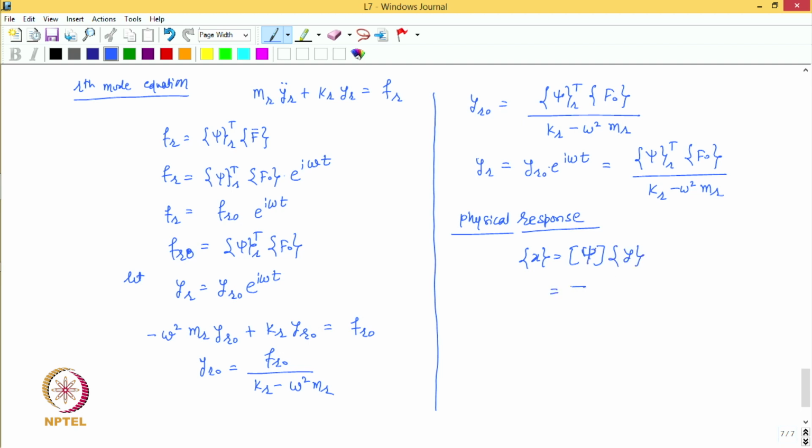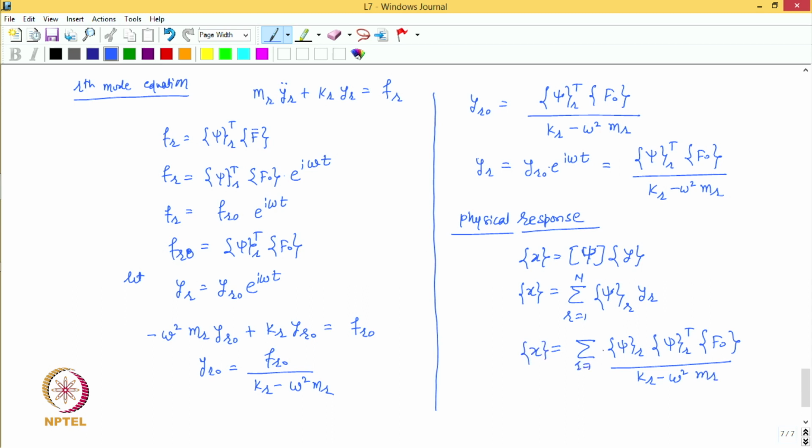We can also expand it and write down the sum of psi r yr, with r varying from 1 to infinity. If we substitute the equation for yr, then we get psi r transpose F naught upon Kr minus omega square mr, with r varying from 1 to n.